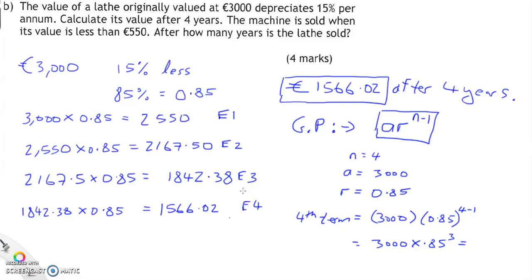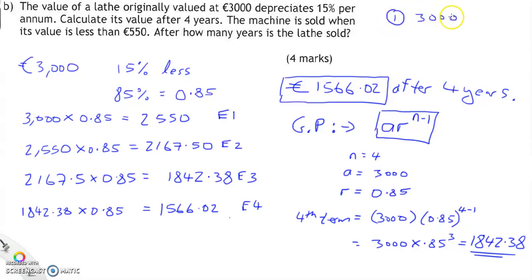Let's think about that now. 3000 multiplied by 0.85, use the power key to the power of 3, and I get 1842.38. That's euros.